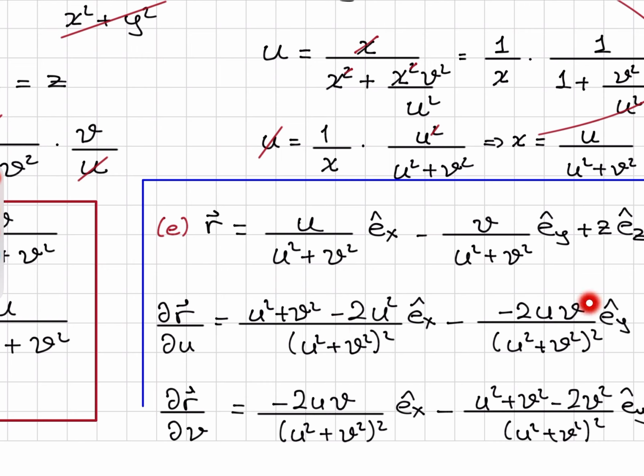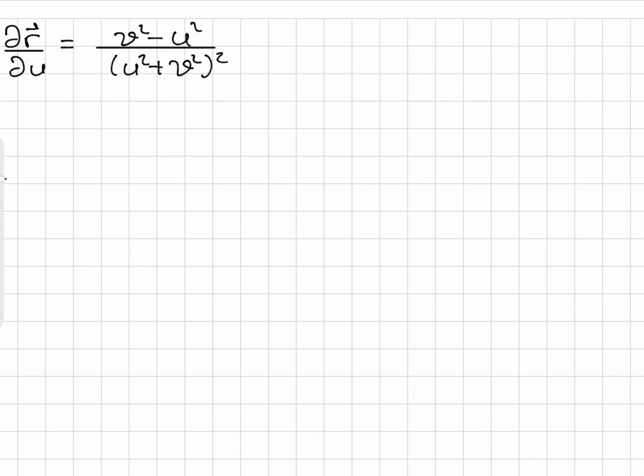So let me rewrite the simplified forms. Del r del u is equal to, with this simplification, v squared minus u squared divided by u squared plus v squared in parentheses squared, in the ex hat direction, plus 2uv divided by u squared plus v squared in parentheses squared, in the ey hat direction.